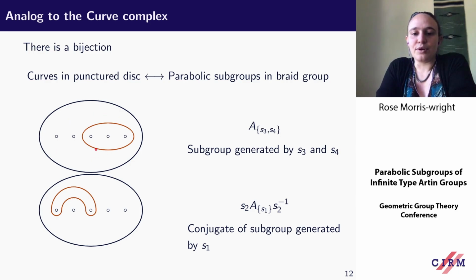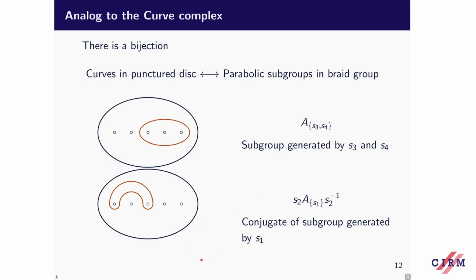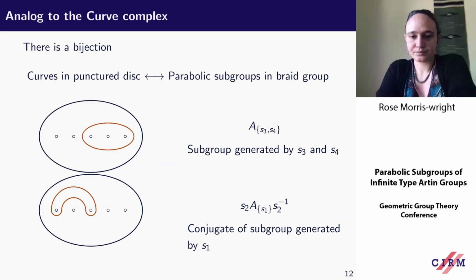Here's just some examples. So here's a curve, and it corresponds to the subgroup generated by the element that permutes these two punctures and the element that permutes these two punctures. And similarly, if you have more complicated curves, then you can get parabolic subgroups that are conjugates like this. And so the idea is to use this bijection and define a new complex for all Artin groups, and to try and find a complex that has similar properties to the curve complex.